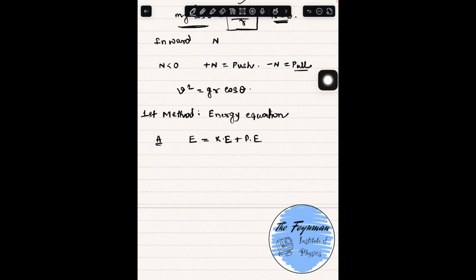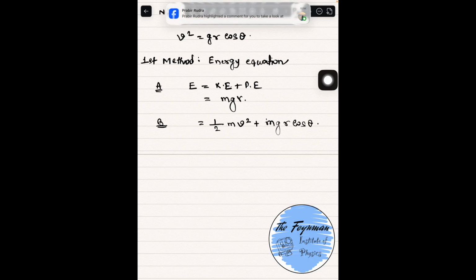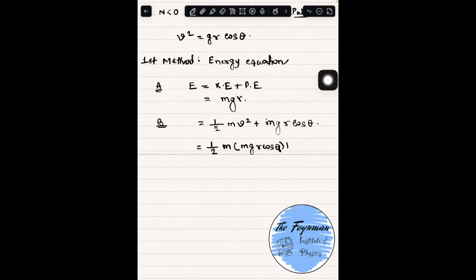But there is no motion of the object, therefore all of its energy is potential energy, and that is mg into r, or mg into capital R. Now at point B, the total energy of the object is kinetic energy, that is half m v square, plus potential energy, that is mg into r cos theta. So this will be equal to the total energy mgr.